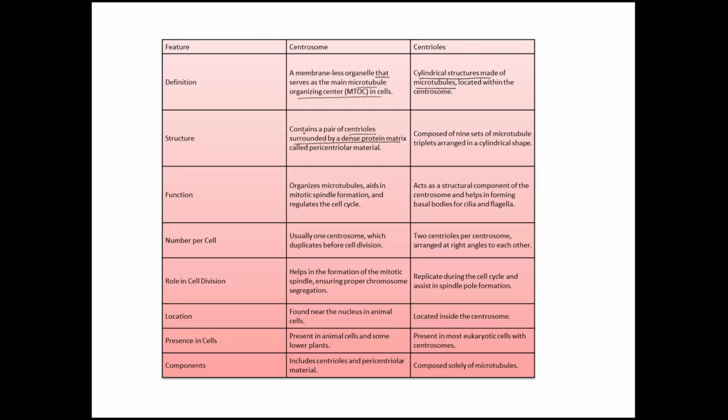Right? Now the function of the centrosome is to organize microtubules, aid in mitotic spindle formation and regulate the cell cycle. Whereas centrioles are the structural component of the centrosome and help in the formation of basal bodies for cilia and flagella.